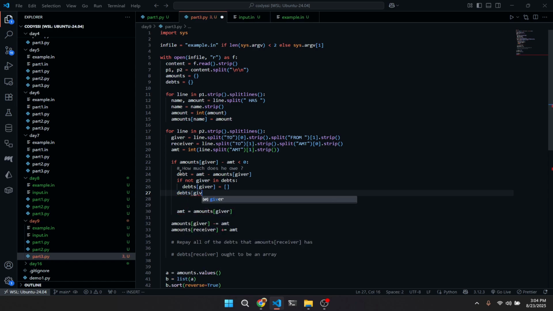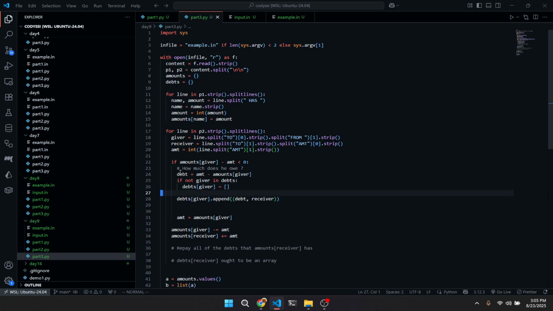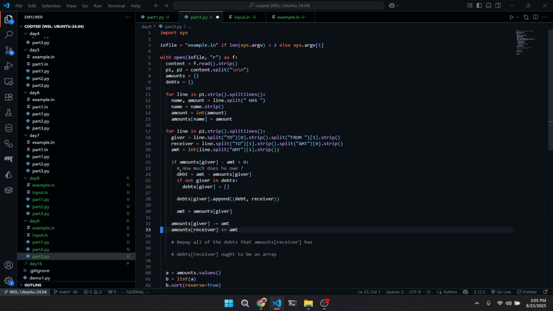So debts at giver dot append. So I'm going to append the debt to the receiver, right? So you keep track of how much he owes and then repay all of the debts. So now he has money, right?